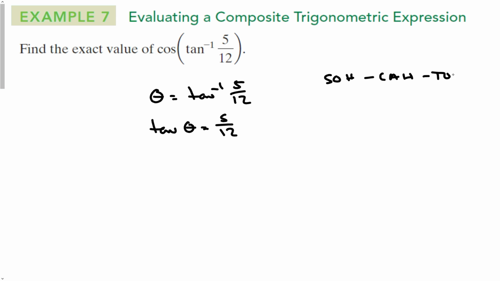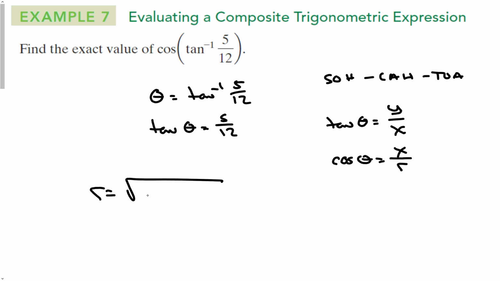Since we're going to use angles that are not necessarily in a specific triangle, the tangent of an angle is the y over the x coordinate, and the cosine of an angle is the x over the r, the radius. I just need to find the radius, and the radius is going to be the square root of x squared plus y squared.